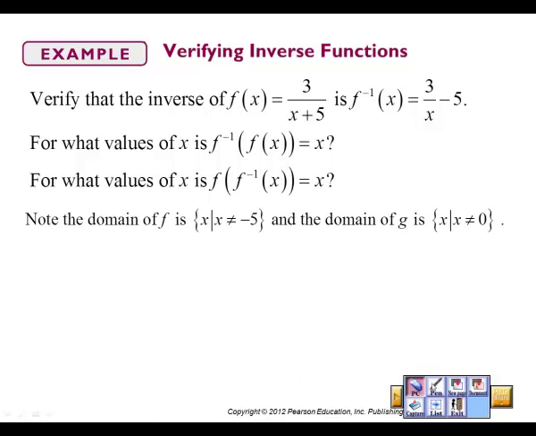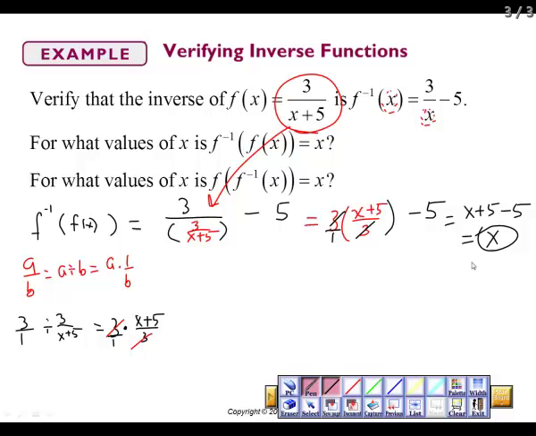And so with that, we can say that x cannot be a certain value, because we would get an undefined for our function, right? We would say that x plus 5 equals 0, so x cannot be negative 5.